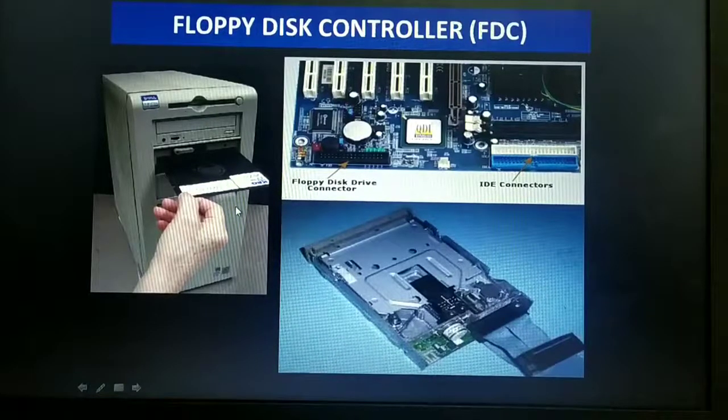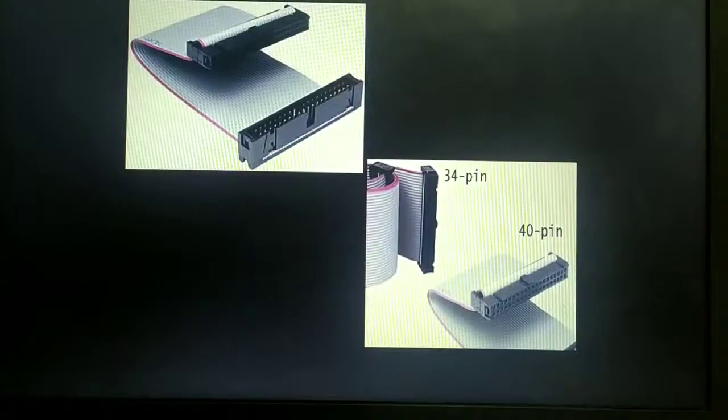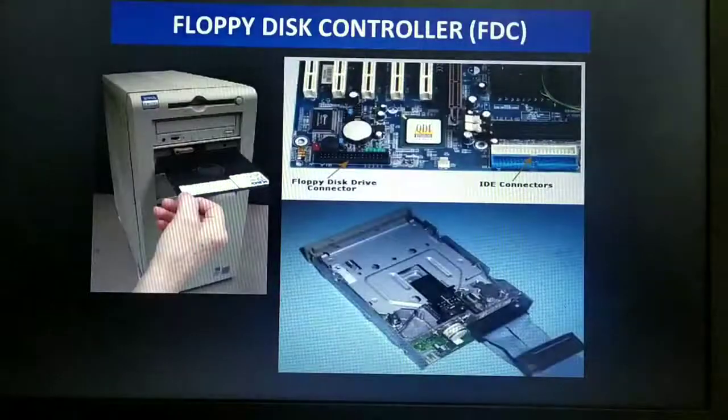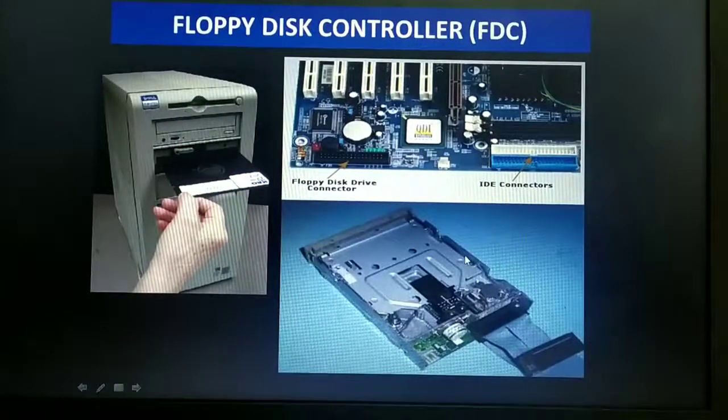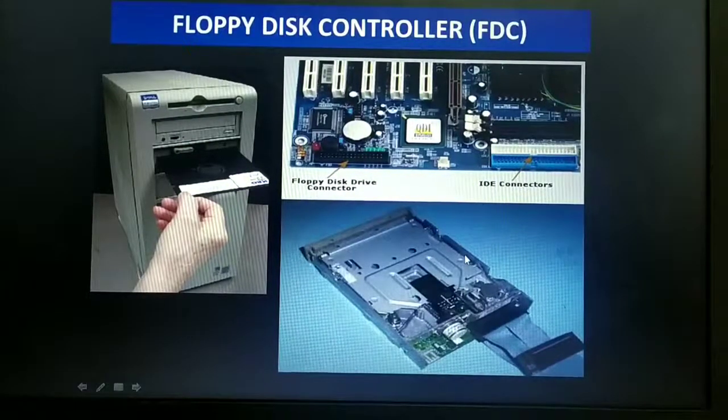A floppy disk controller is connected to the motherboard by using a 33 wire ribbon cable. Here it is given as 34, but for the floppy disk controller we use a 33 wire ribbon cable. One floppy disk controller on your motherboard can provide at least 4 floppy disk drives to connect to the motherboard, just like how you can connect 2 or 3 pen drives at a time.